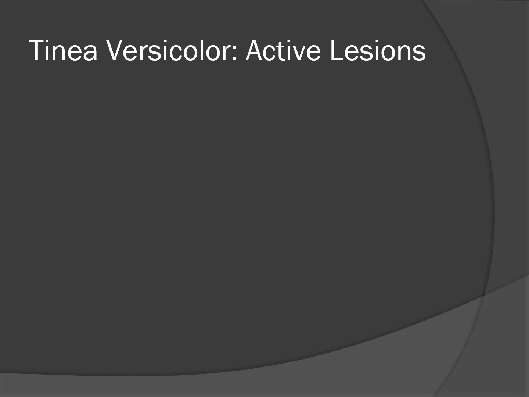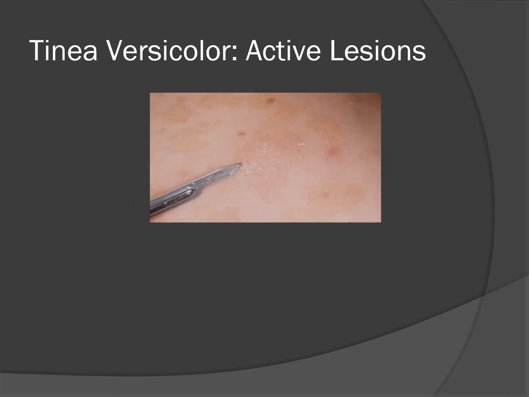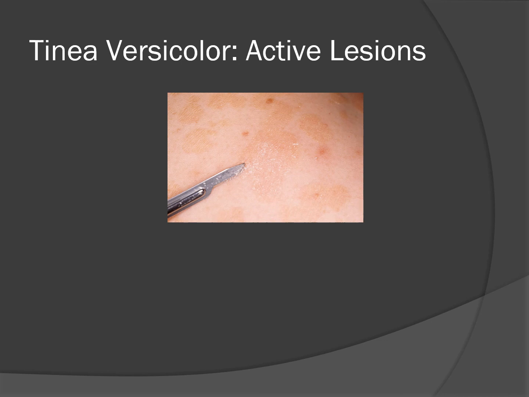When we diagnose a patient with tinea versicolor, we also have to determine if the patient has active or inactive lesions, because it is only the active lesion that we should actually treat. How do we know if a tinea versicolor lesion is still active or if it is already inactive? Well, the secret is in the scale.